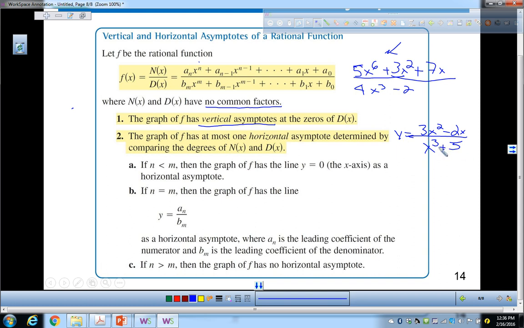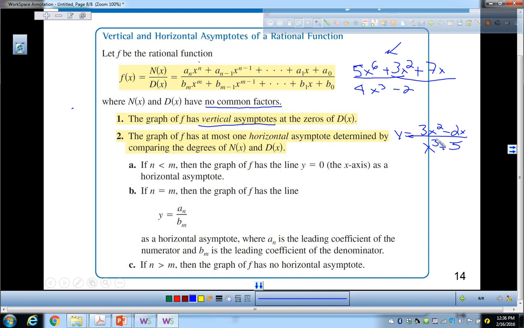Because as x gets really, really big, this is the reason why, for those of you who want to know. If I take 1 million and raise it to the 3rd power, and I take 1 million and square it and multiply it by 3, which number is going to be bigger? The cubed one, right?